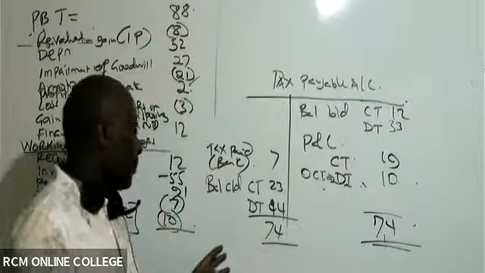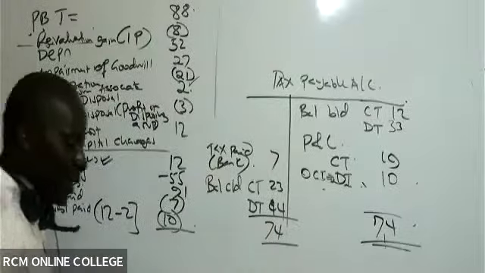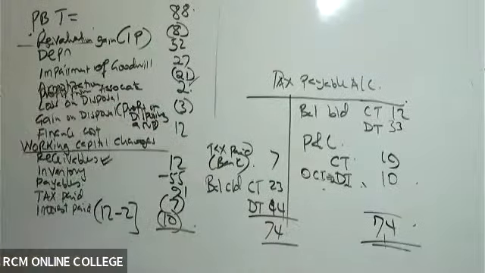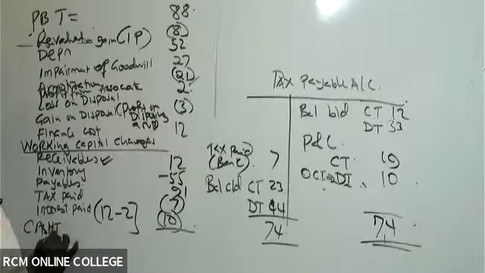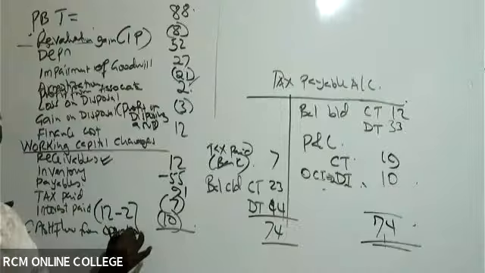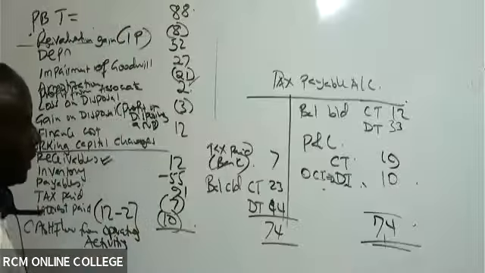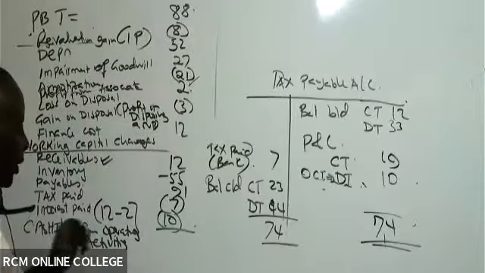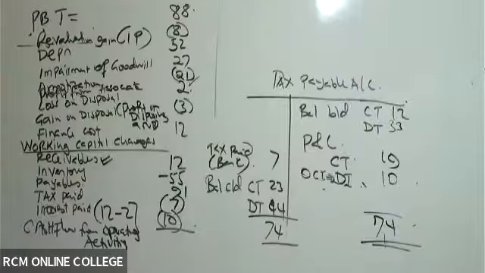So go ahead and give me the cash flow from operating activities. Remember this 10, you can still take it under financing activities, but this semester, we shall do it this way.